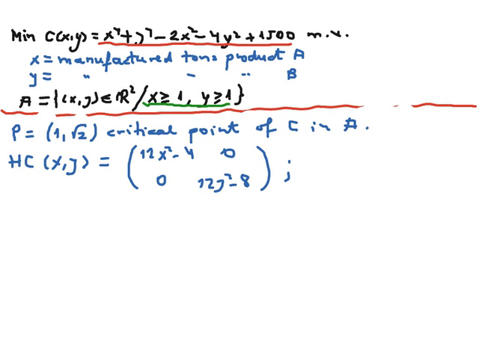Now we replace the critical point in the Hessian matrix, and we get 20, 0, 0, and 16. Sorry, this is 8.